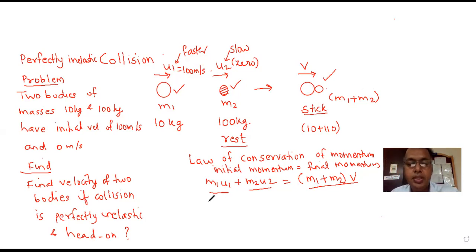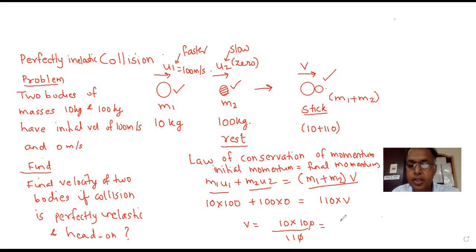So substituting this, 10 into 100 plus 100 into 0 is equal to 110 into v. So v is equal to 10 into 100 upon 110. Okay, so it is 100 upon 11 is the answer.